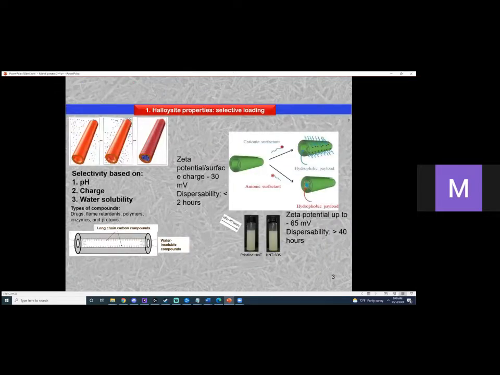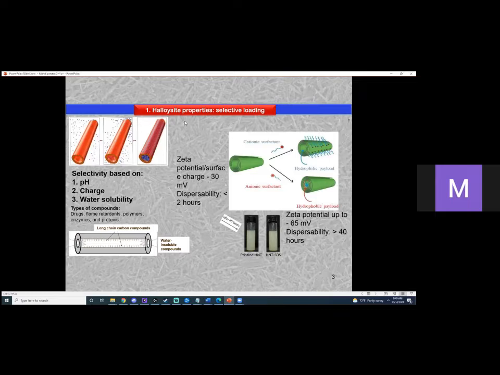Okay, so halloysite properties and how we can selectively load different types of compounds such as drugs, flame retardants, polymers, enzymes, and proteins. It's dependent on pH, charge, and how soluble it is in water. The difference between cationic and anionic surfactants when loading, and their dispersibility, is actually quite large.